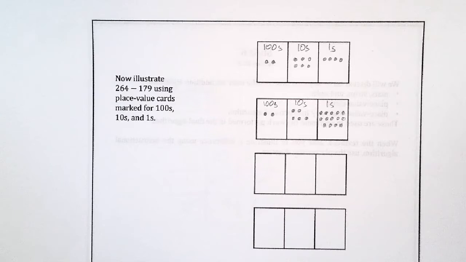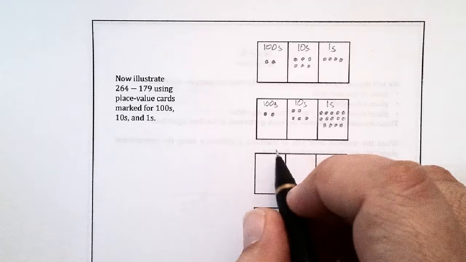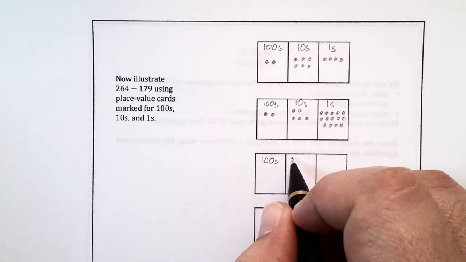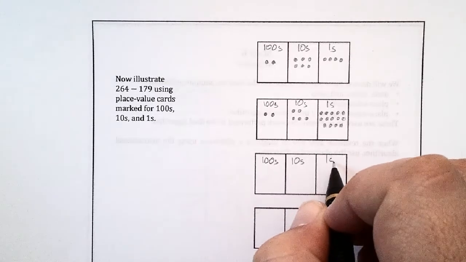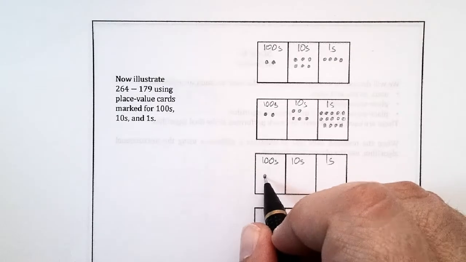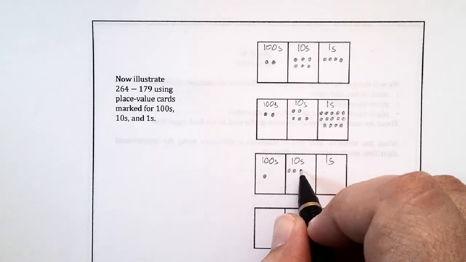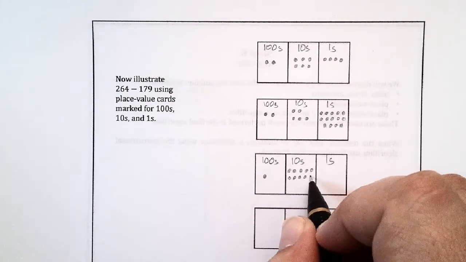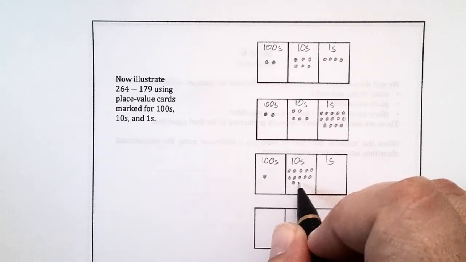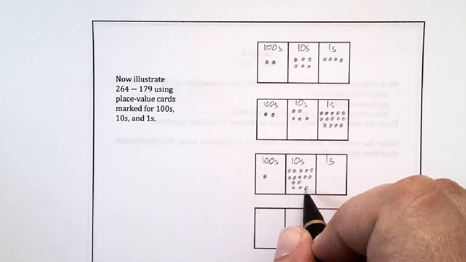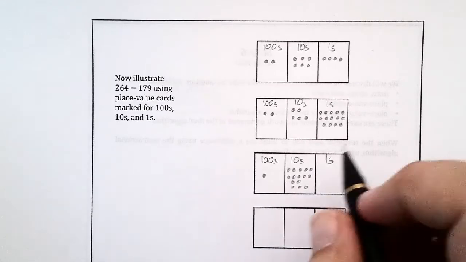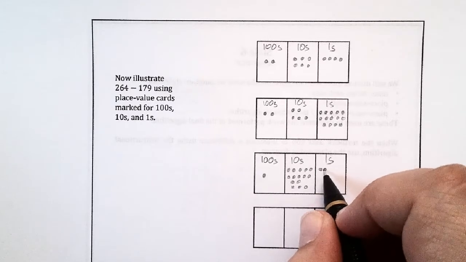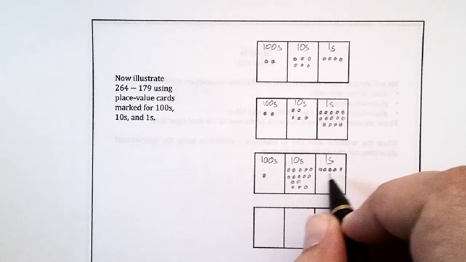And then I exchange 100 for 10 tens. So now I have 100, 15 tens, and 14 ones.